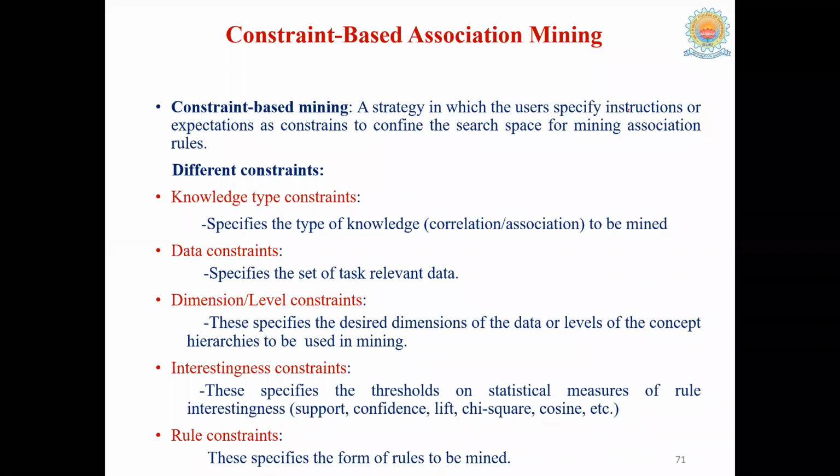Similarly, dimension or level constraints: which dimensions among all the dimensions that exist, which dimensions of the data set you want to extract. Similarly, interestingness constraints. Out of the many measures we have, such as support, confidence, lift, chi-square, etc., which interestingness measures do you want to impose on your search?